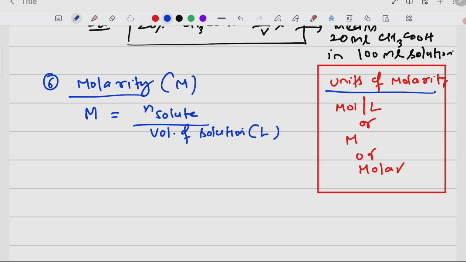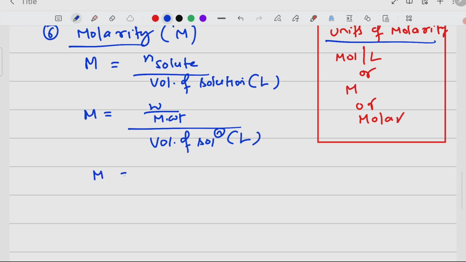Further, you can modify this expression. How can we modify it? For example, molarity is equal to number of moles, which we can write as given mass by molar mass or molecular weight, by volume of solution in liters.